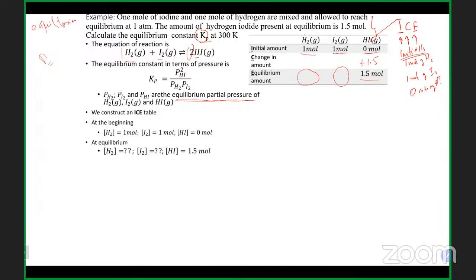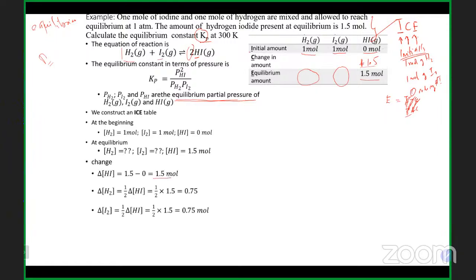Usually the equilibrium amount E is equal to the initial amount I for a reactant minus the change C, and for a product it will be I plus C. So the change has increased by 1.5. So we write 1.5 here. So if 1.5 mole has been created by 1 mole, then what's the change in the amount of moles of I2?